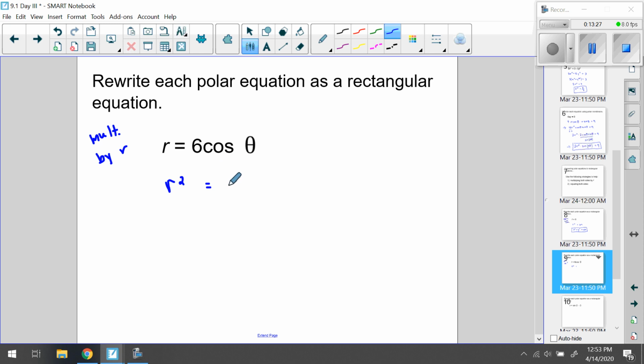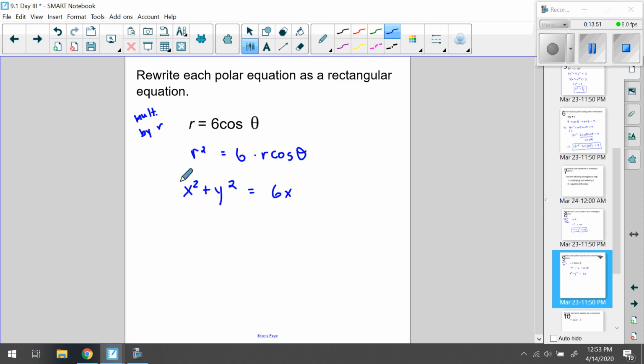So I think I'm going to do maybe 6 times r cosine theta. And that's really helpful because we know r cosine theta is equal to x. So now I can replace r squared with x squared plus y squared. And on the right side, I can replace r cosine theta with 6x.